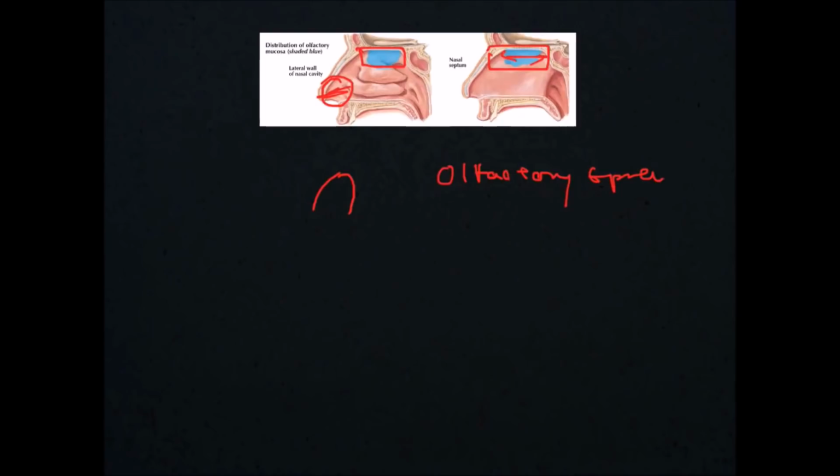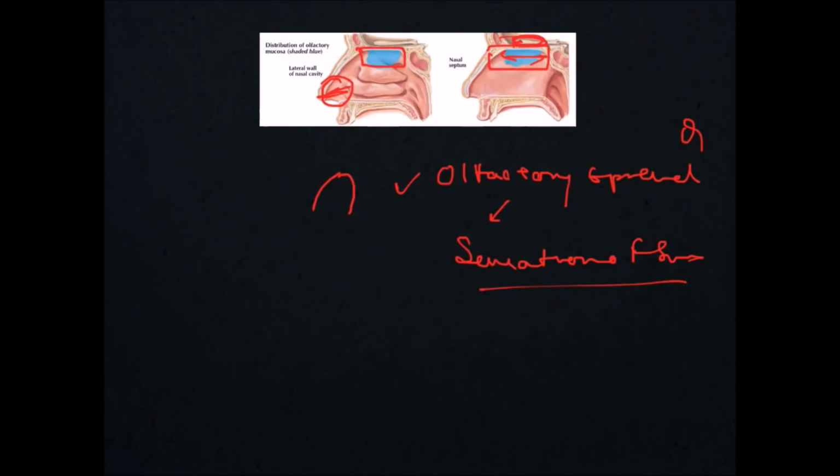These are nothing but olfactory nerves. These olfactory nerves pass through the cribriform plate of the ethmoid bone and form the olfactory bulb. They are responsible for the sensation of smell. So very clear, in the upper one-third part of the nasal cavity there is a specialized sensory epithelium known as the olfactory epithelium.